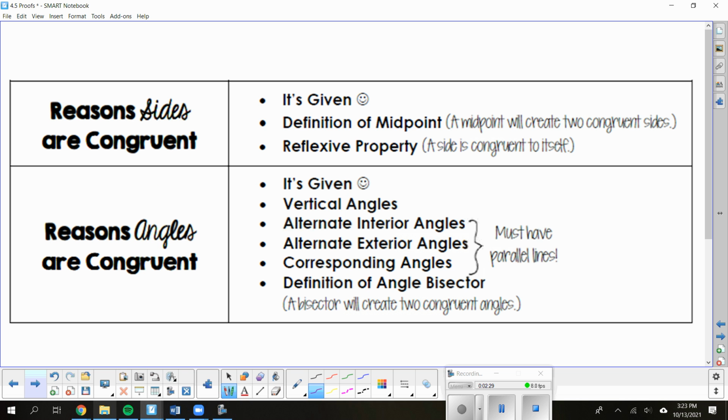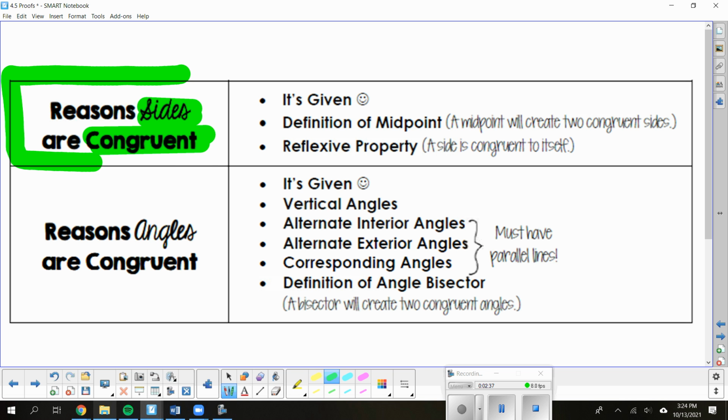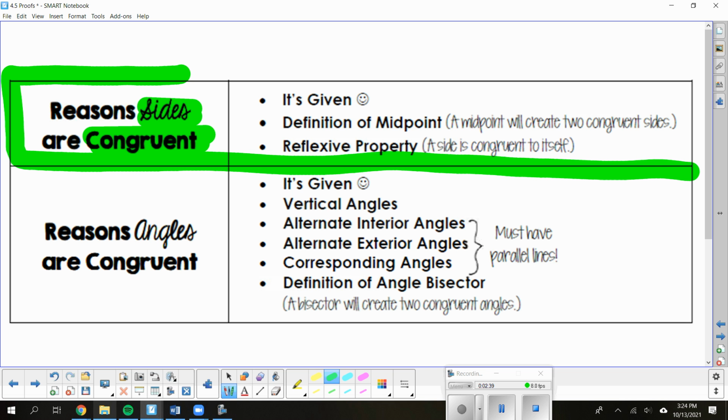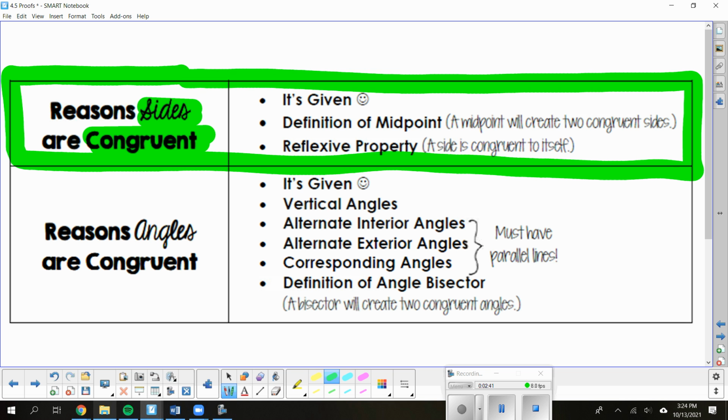Your next statement could be reasons that your sides are congruent. So if you have sides that are congruent, you can pick anything from this box. Your statement would read side congruent to side. The first one is given. Every proof starts out with something that is given to you in order for you to keep going in the process.